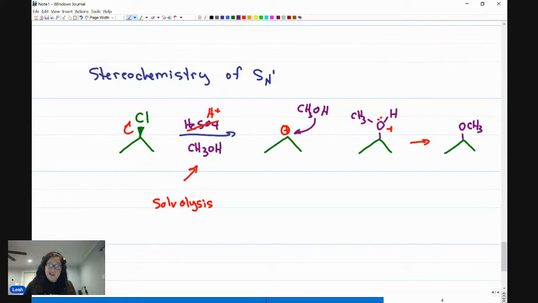So there's two ways to answer this question. This one in particular is actually a trick question. This chlorine has no business being on a wedge because there is symmetry going down the molecule. And because there is symmetry, both the starting molecule and the product are achiral. There is no stereochemistry here to begin with.